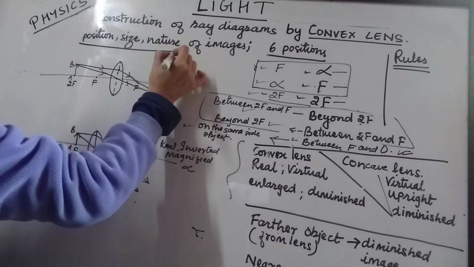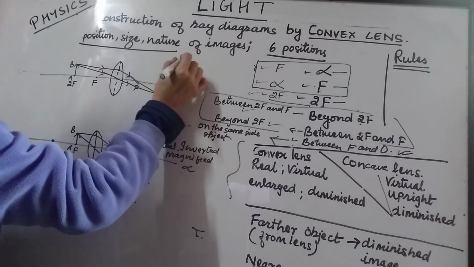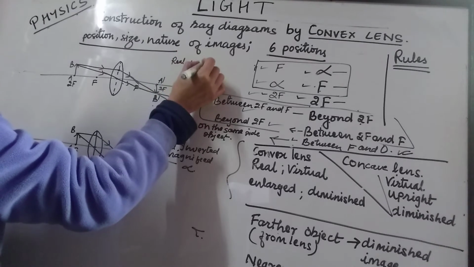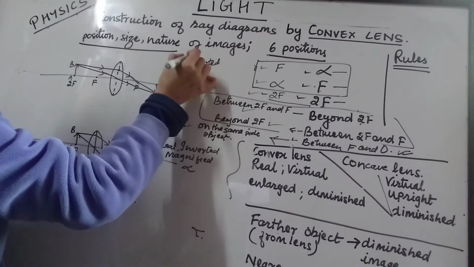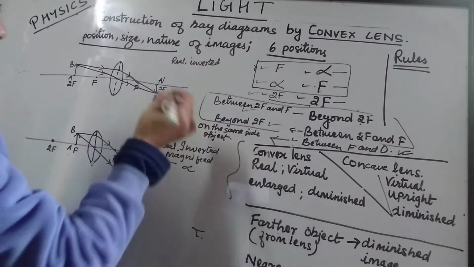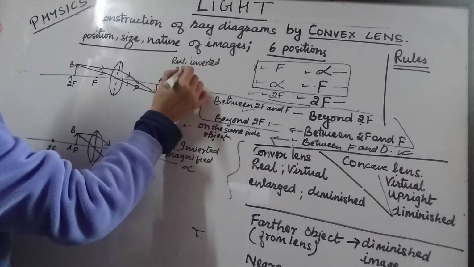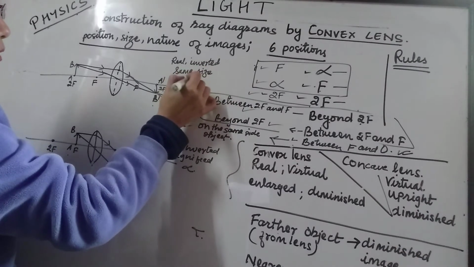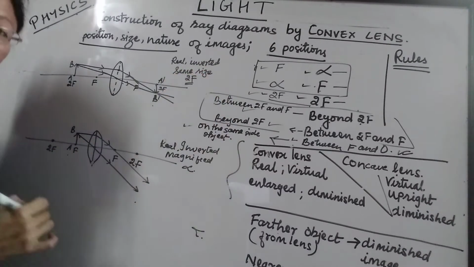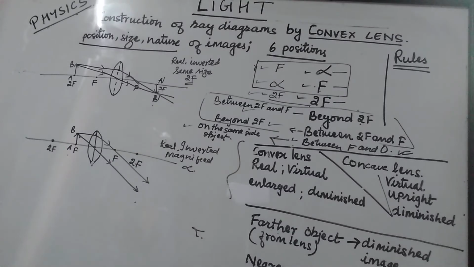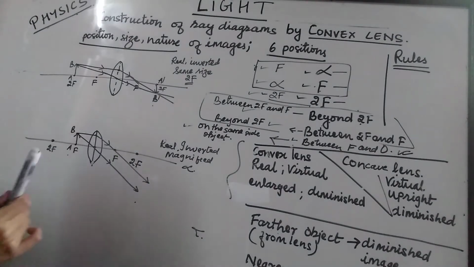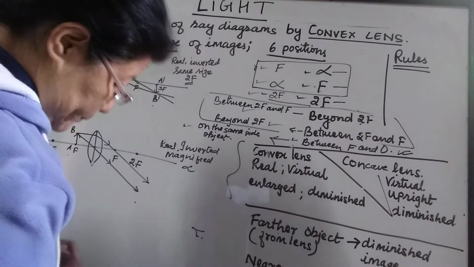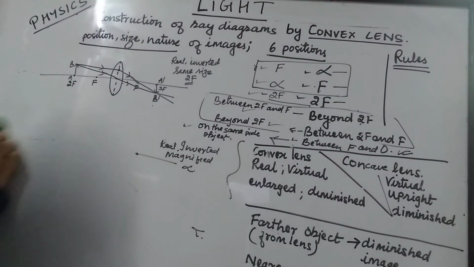So the image will be real, inverted. It is mostly real inverted in a convex lens. Only the last position is virtual erect. And same size as the object, and position is 2F. Done this one. Now we'll go to the object beyond 2F.